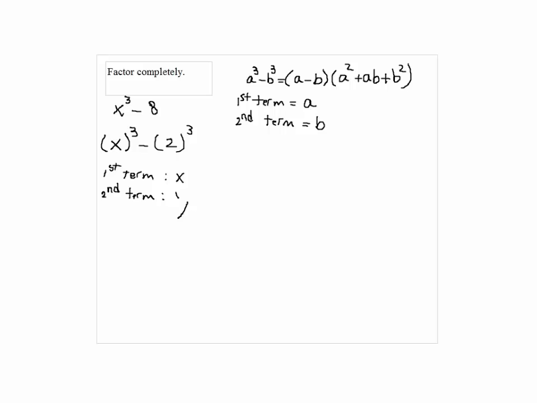So in this case, my first term is x and my second term is 2.